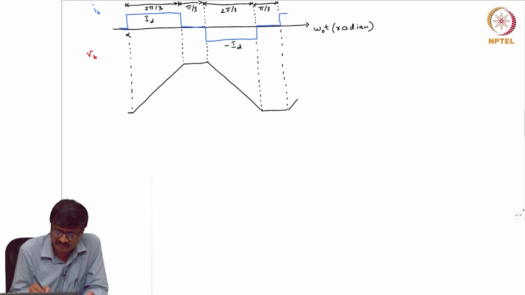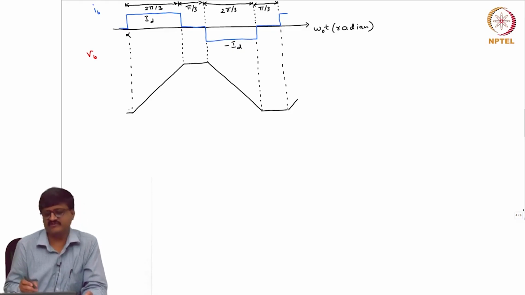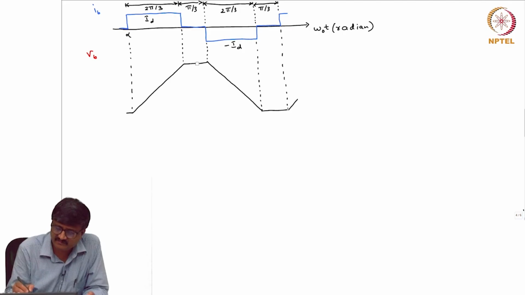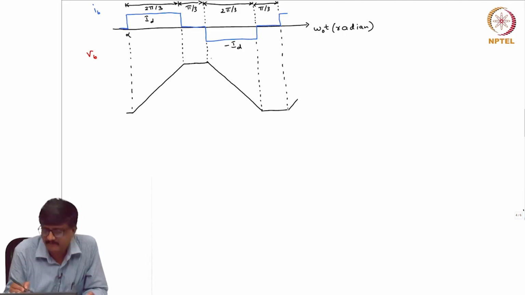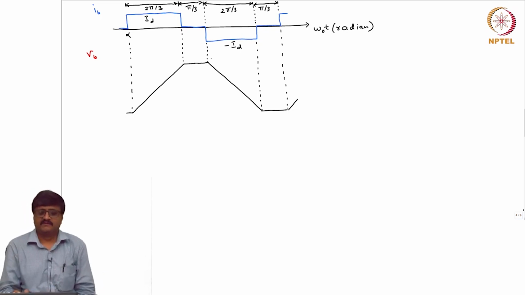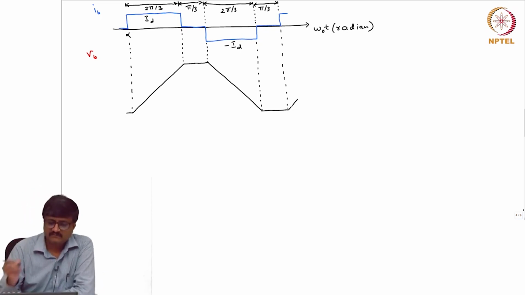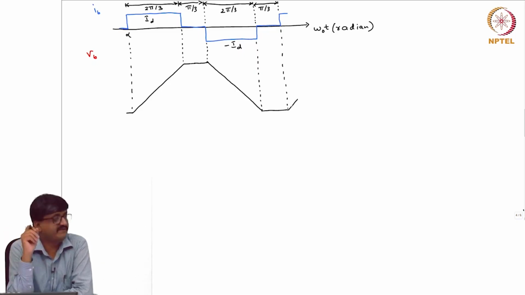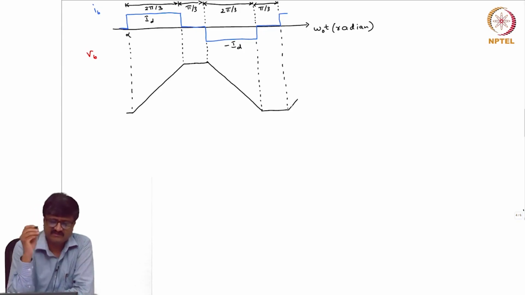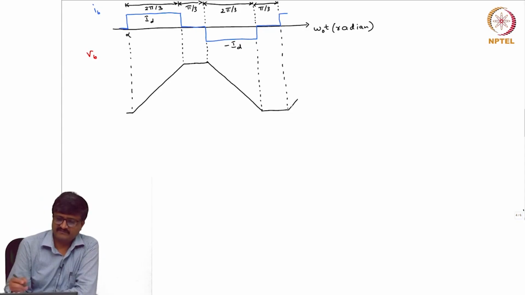Before alpha it would have remained constant. Now what should be the average value of VB? What do you expect the average value of VB to be?